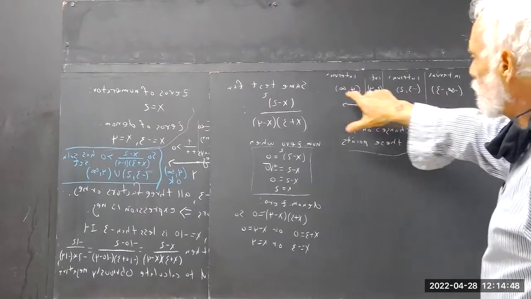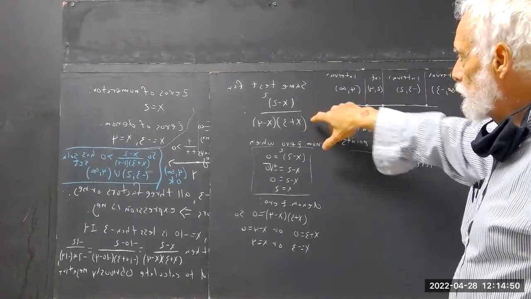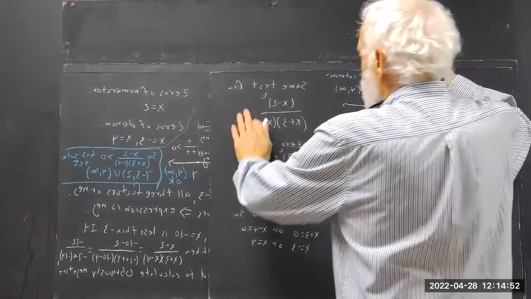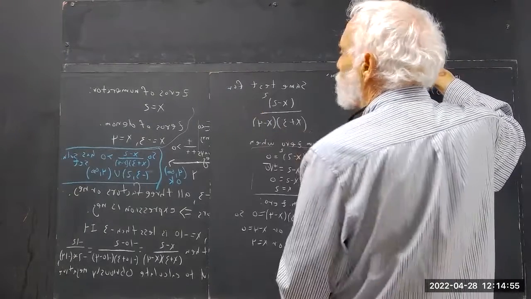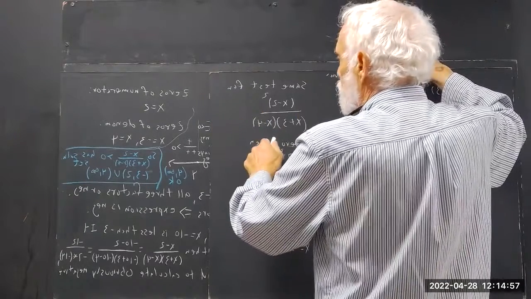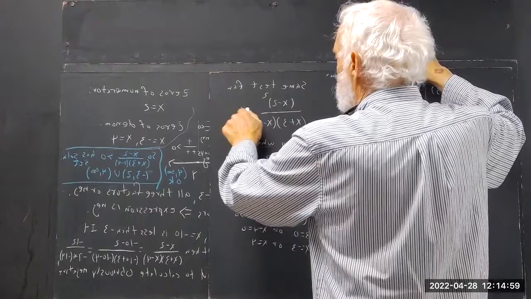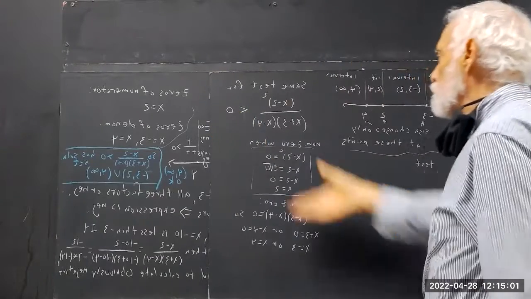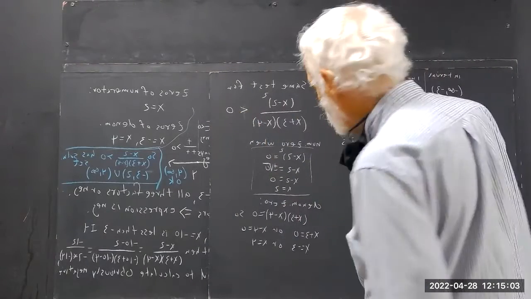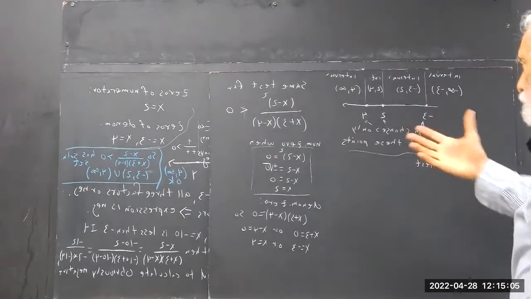On some combination of these intervals, you're going to have this, and I didn't write down the inequality. Just for contrast, you're going to solve for less than 0. Okay, equally easy.